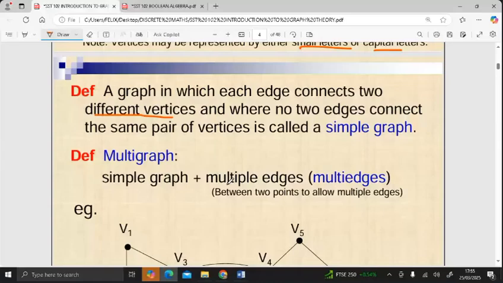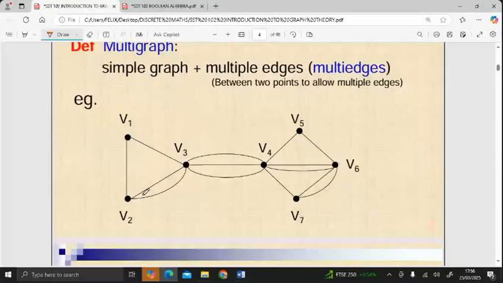If I have another edge connecting these 2 vertices, you can see we have this edge and that one. This one now is not a simple graph. But this one, as it stands right now, is a simple graph, because there are not two particular vertices that are connected by more than one edge. That is what we call a simple graph.